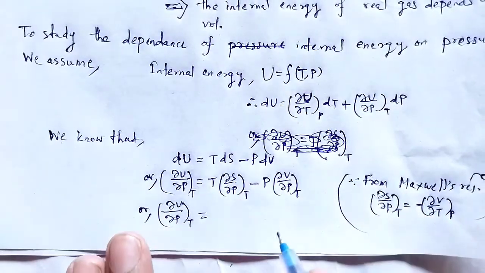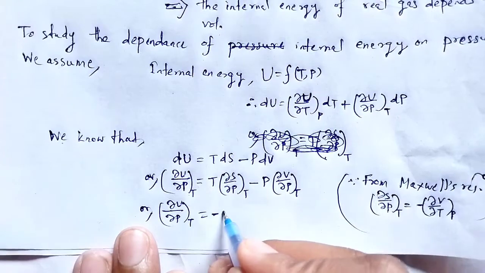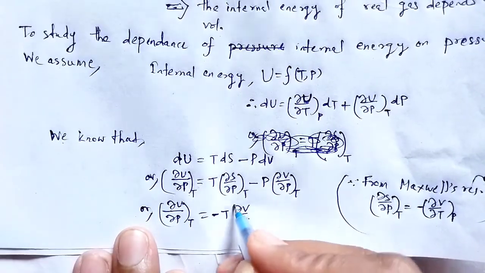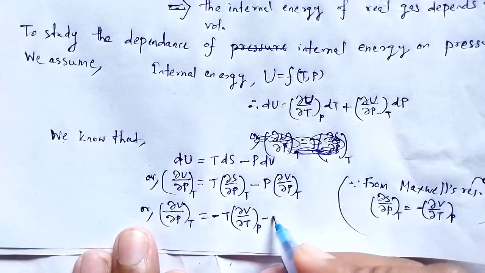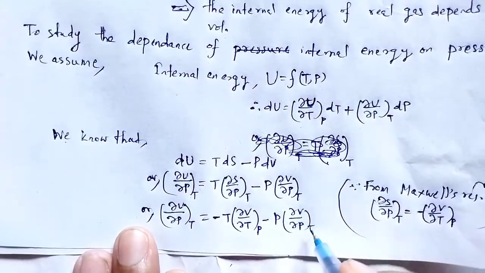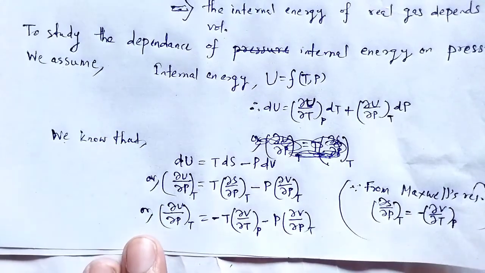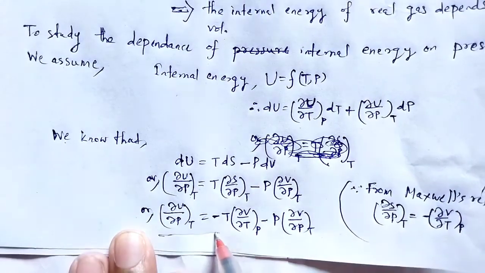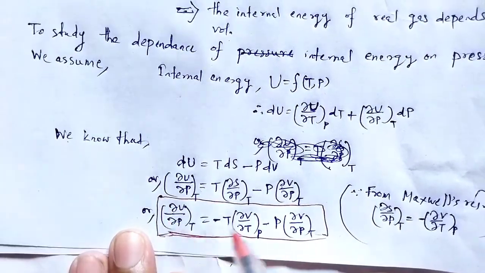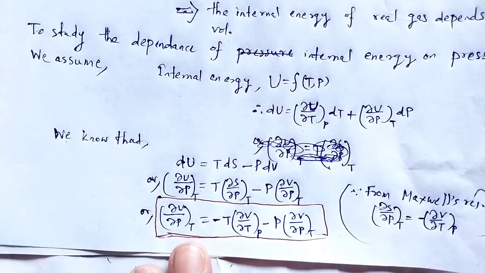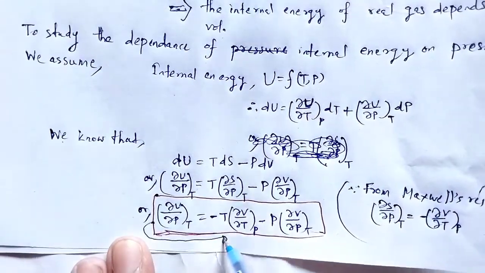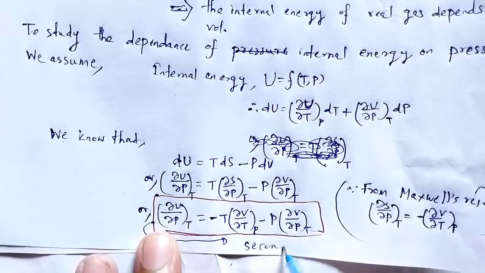Putting that relation here, (∂U/∂P) at constant temperature equals minus T(∂V/∂T) at constant pressure minus P(∂V/∂P) at constant temperature. That equation is known as the second energy equation.